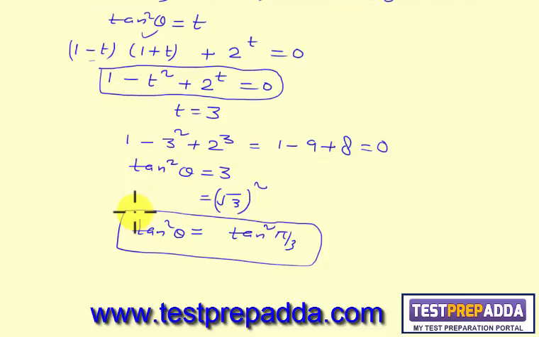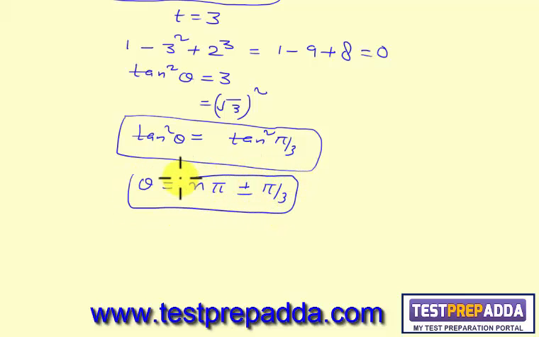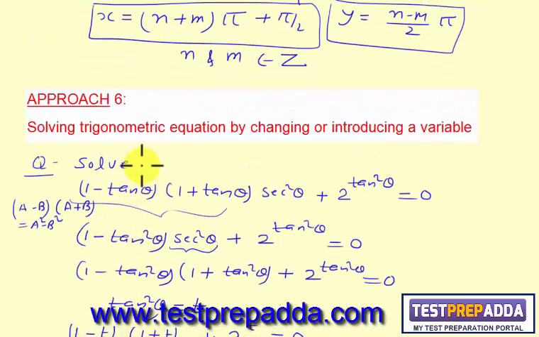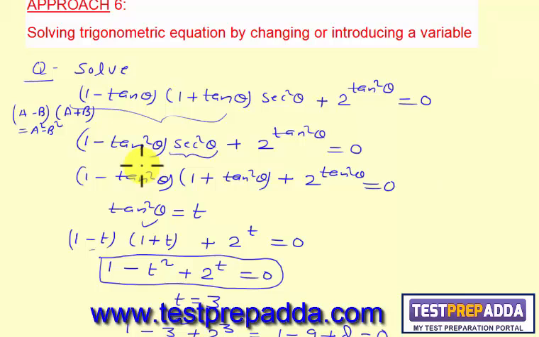So the solution of this equation will become theta is equal to n pi plus minus pi by 3. Okay, so here we have solved this question by introducing a variable t.